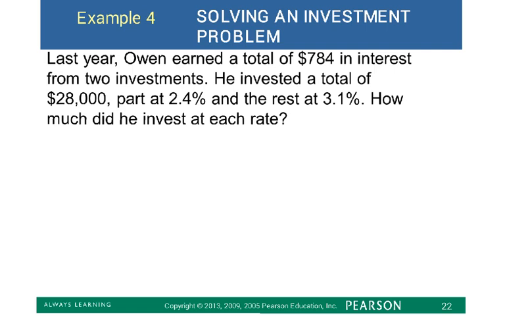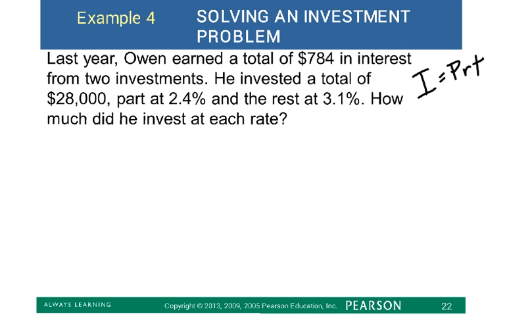So we're trying to figure out how much he put in to invest at 2.4 and how much he invested at 3.1. You may think we may not have enough information, but we really do. Like I said, we're going to be dealing with the formula I equals PRT.